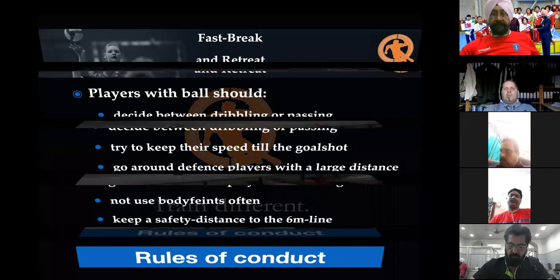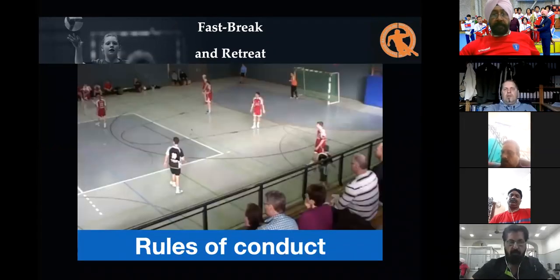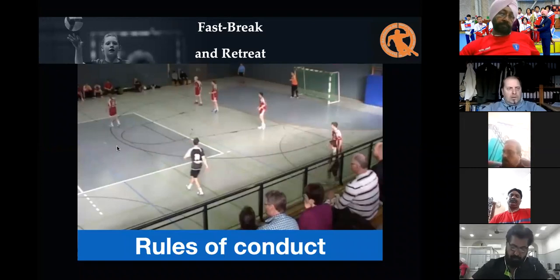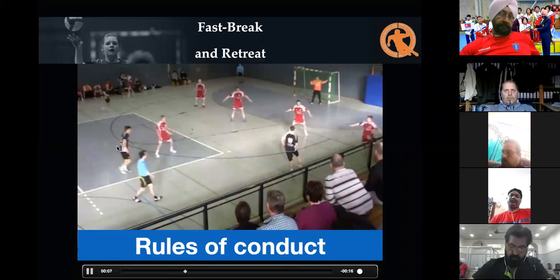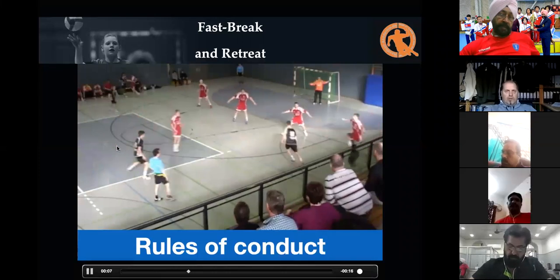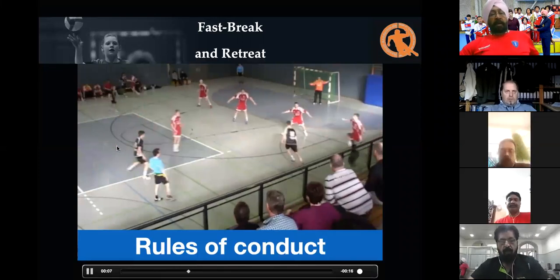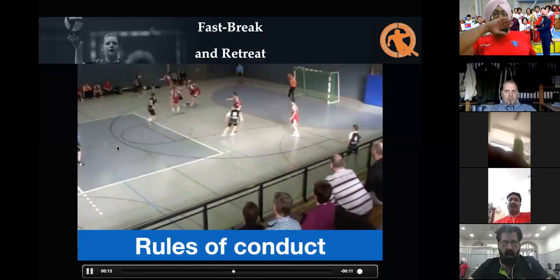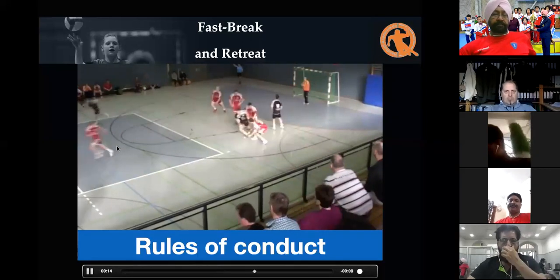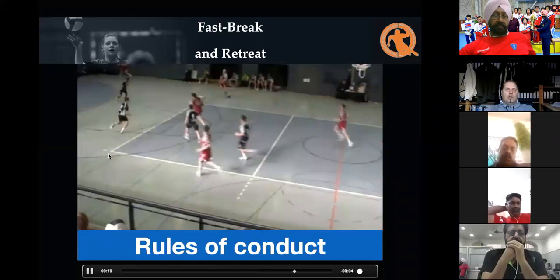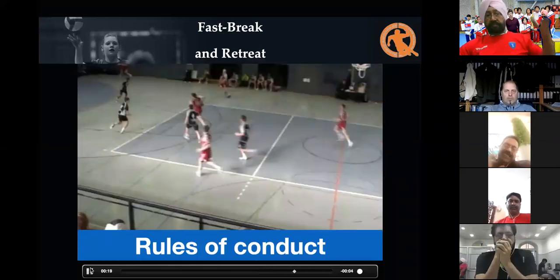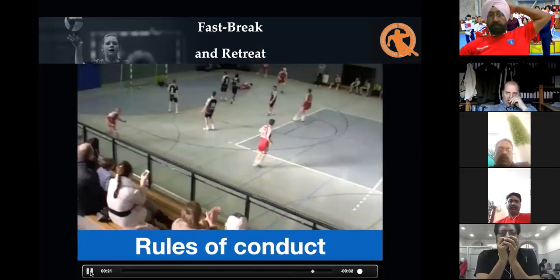Just a simple video of a nice fast break situation worked out here by the red team. So they use the 5-1 defense. They intercept the ball. They start. And they go easily to the goal. Okay, see it once again.